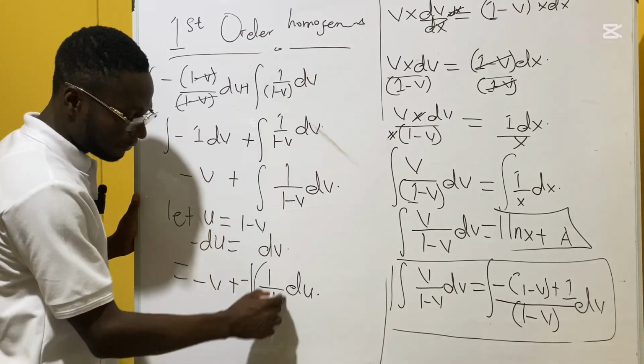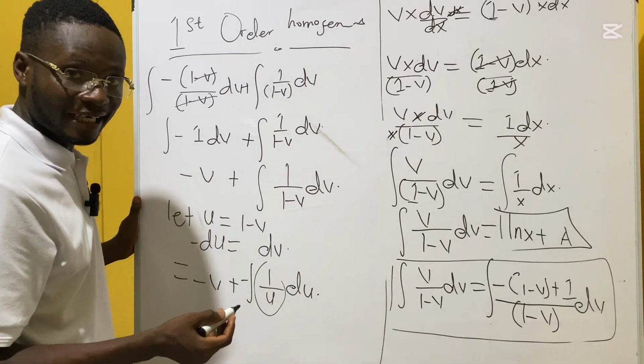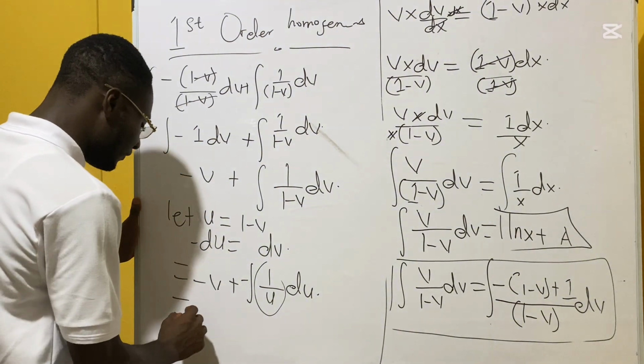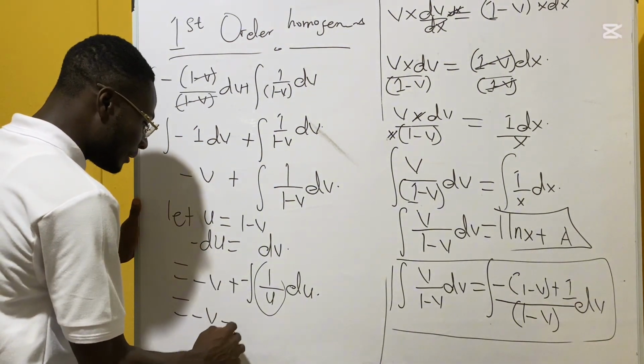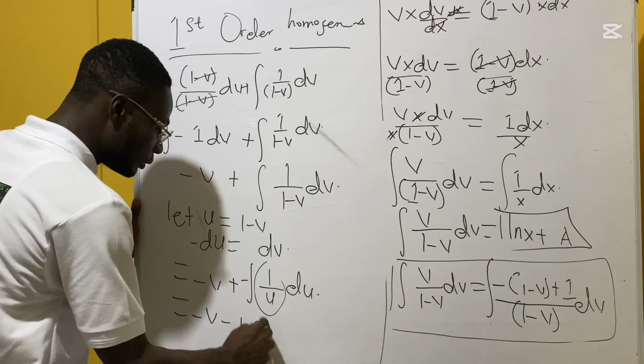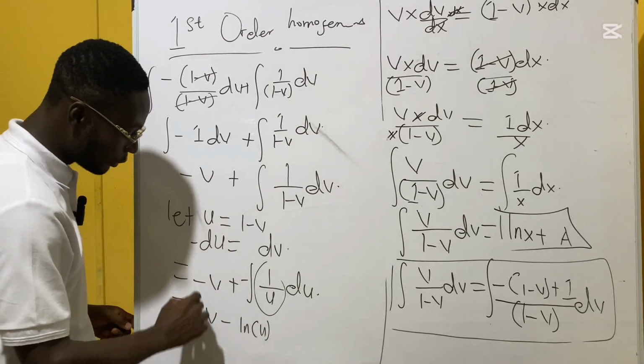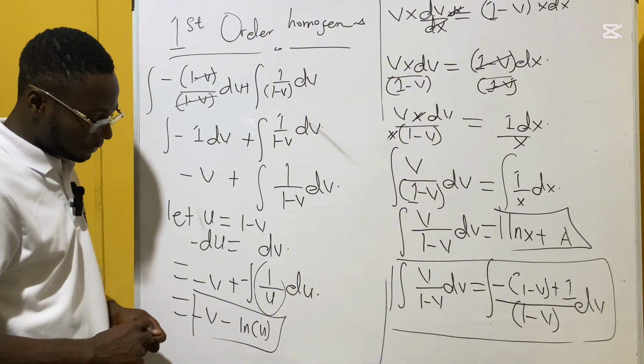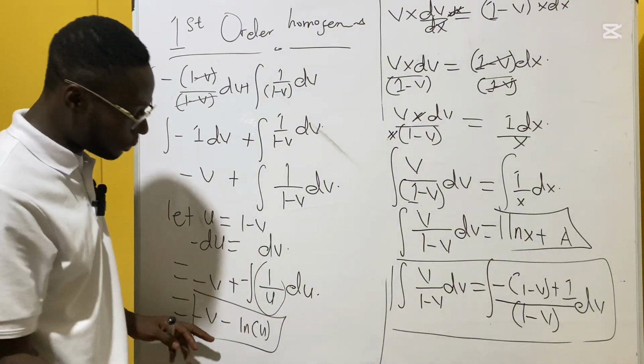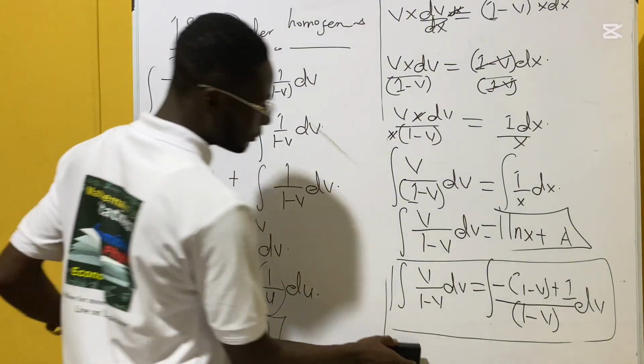And then the integral of 1 on u is ln u. So we have negative v minus ln u. Once we have been able to integrate that, let's do back substitution.